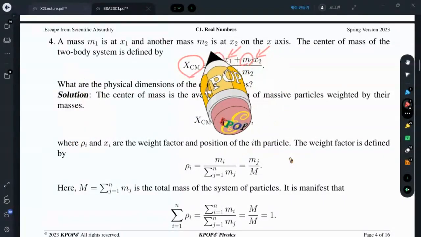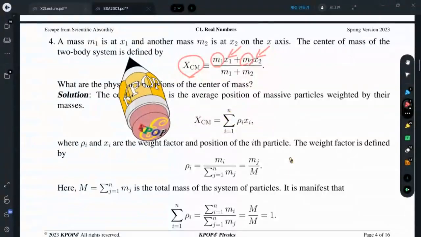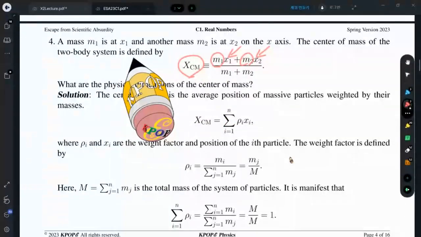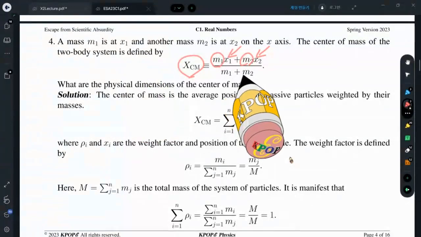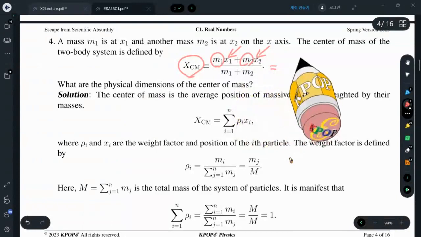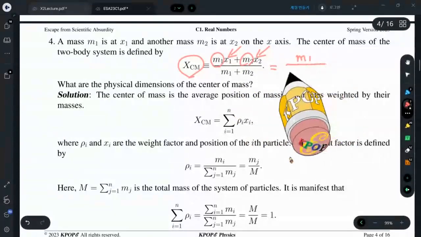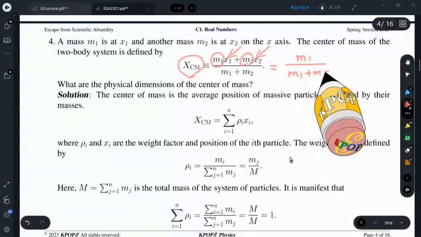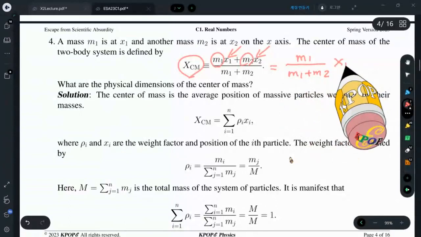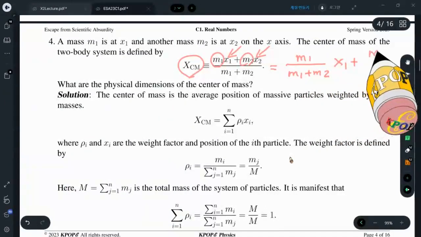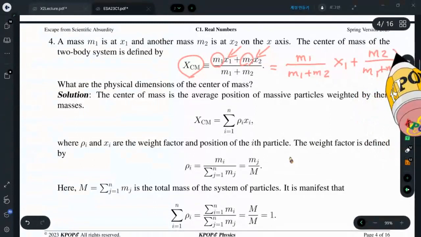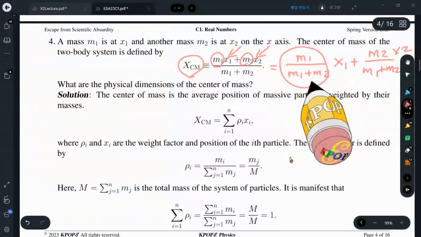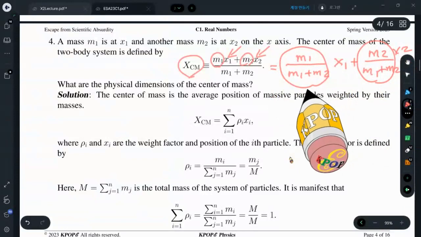So center of mass is nothing but the weighted average of the positions of particles, weighted by the relative mass. Why? I can rewrite this as m1 over m1 plus m2 multiplied by x1, plus m2 over m1 plus m2 multiplied by x2. I can see these coefficients.